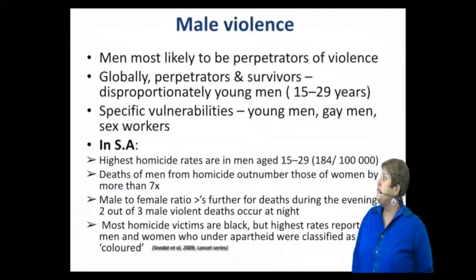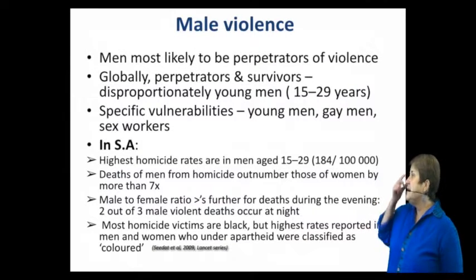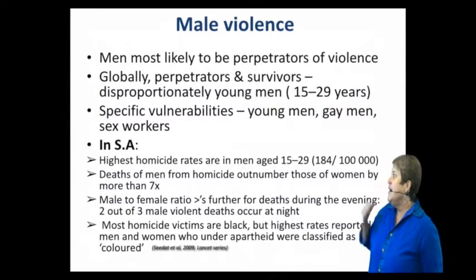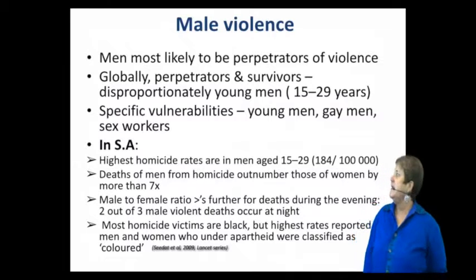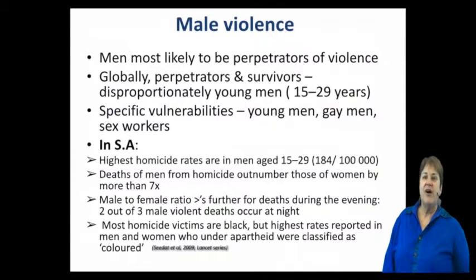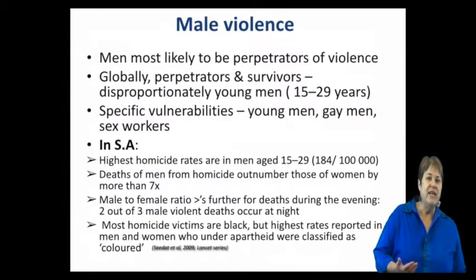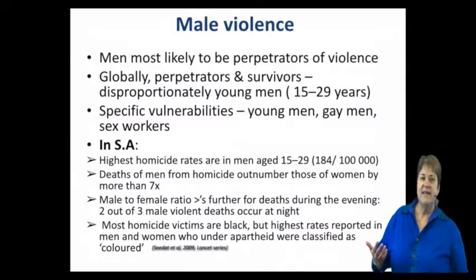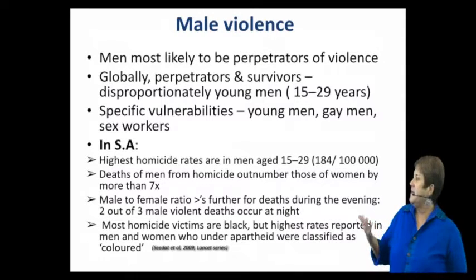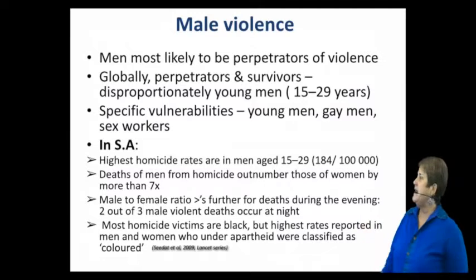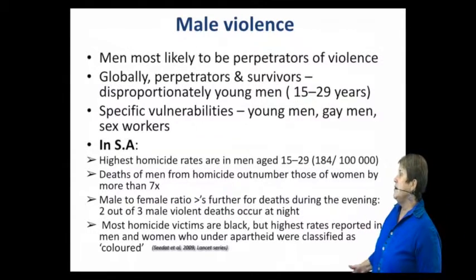For women, male-to-female violence is most commonly in the evening. Two out of three male violent deaths occur at night, often after drinking, after being at a shebeen or an informal drinking place, etc.